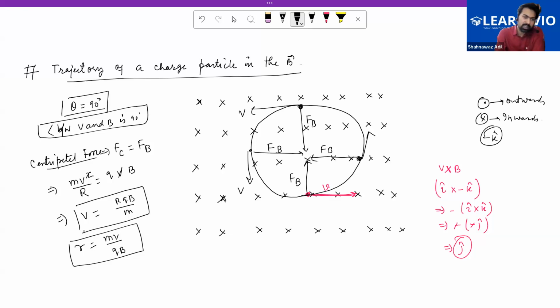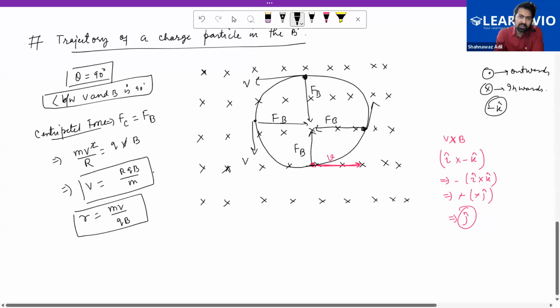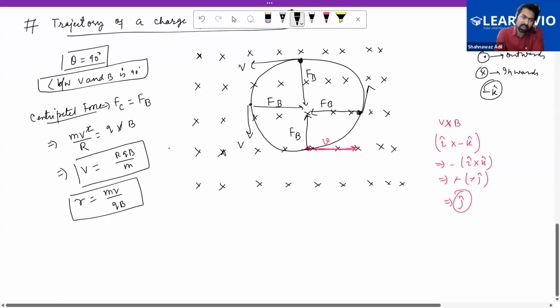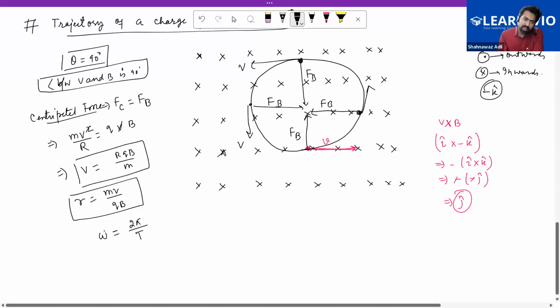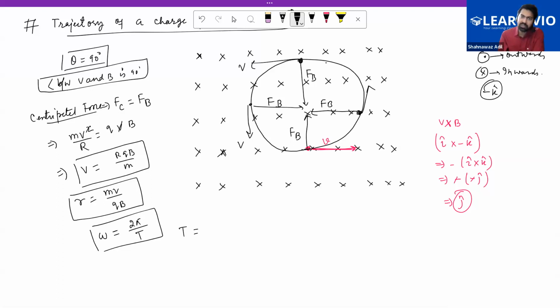And we can also calculate the angular velocity, omega, and this is how much? This is the angular distance, which is 2 pi, over the time period. And what is the time period? Time period is whatever time is taken to complete this one circle. So distance is 2 pi r, distance by velocity.